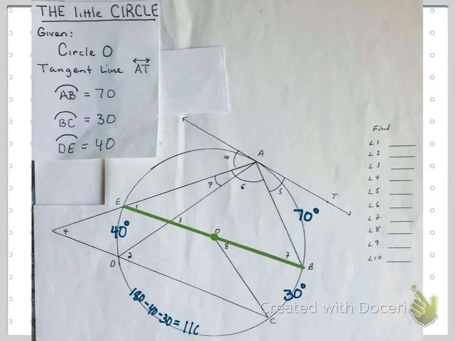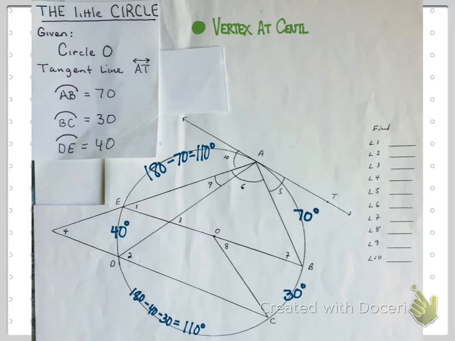So to find arc DC, we subtract 40 and 30 from 180, and to find arc EA, we subtract 70 from 180. Now that we know all of the arcs, we're ready to start looking for the angles.